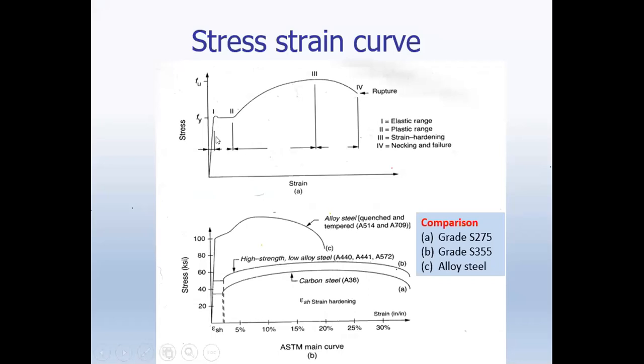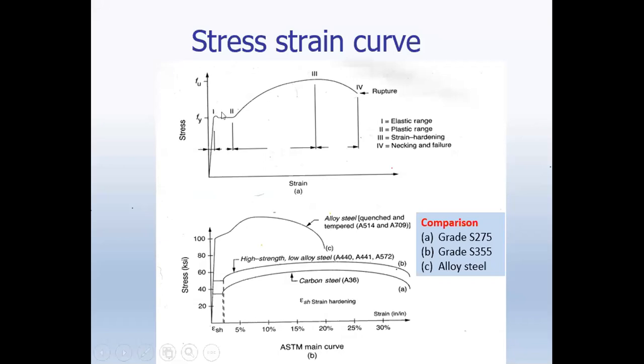But up to this point, which is called the yield point, although the load remains constant, the material can still undergo some deformation. So this range is what we call the plastic range.